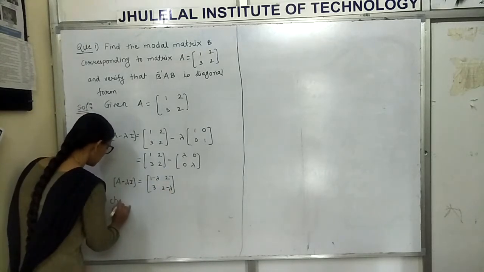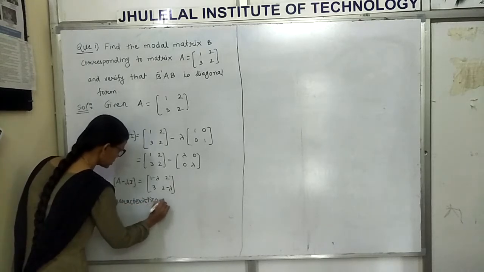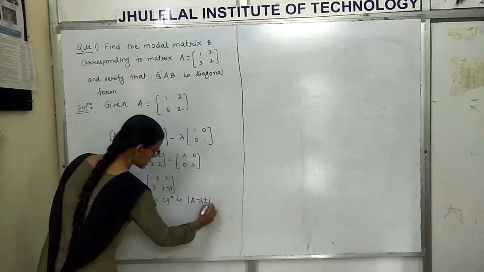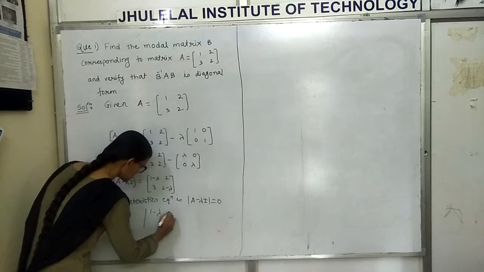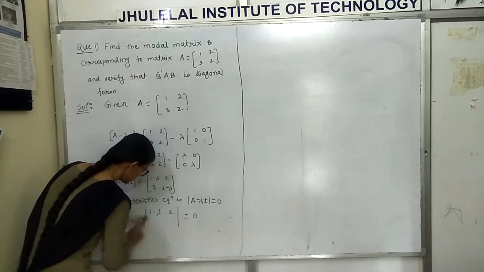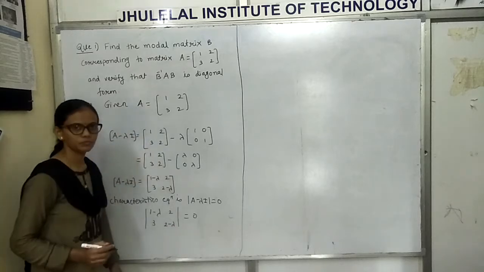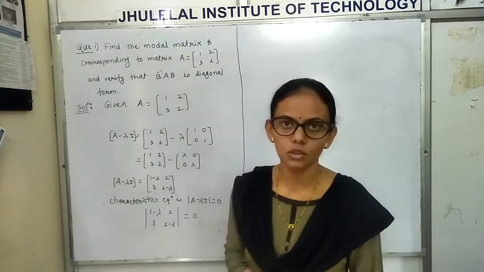Therefore, the characteristic equation is determinant of A minus lambda I equal to 0. Determinant of 1 minus lambda, 2, 3, 2 minus lambda. We know how to solve a determinant of order 2 by 2.